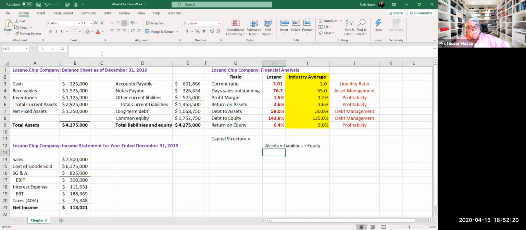Assets are equal to liabilities plus equity, the old accounting equation. That's the capital structure. In other words, the capital structure is what debts and equity are funding assets.